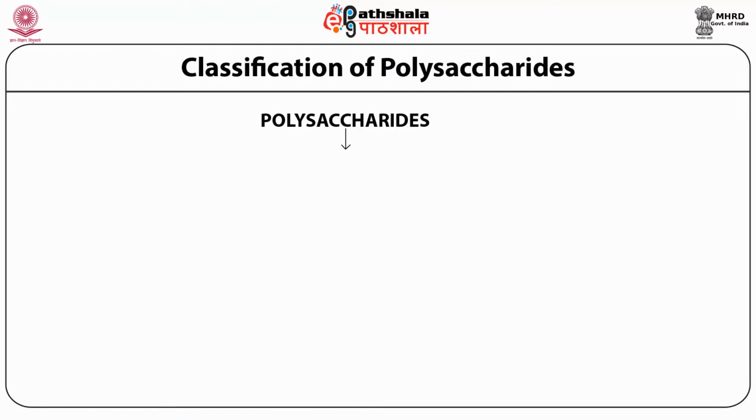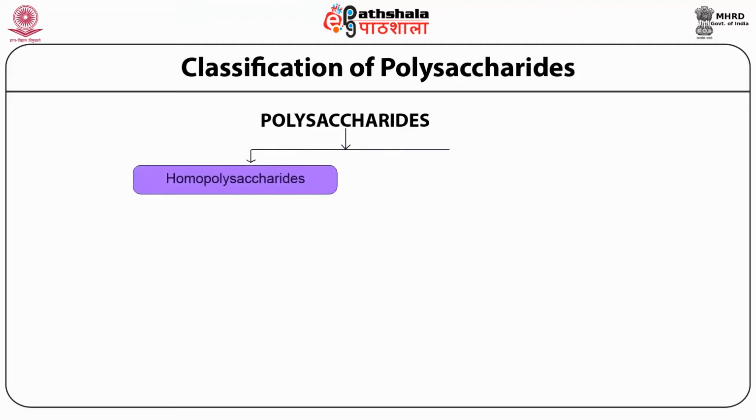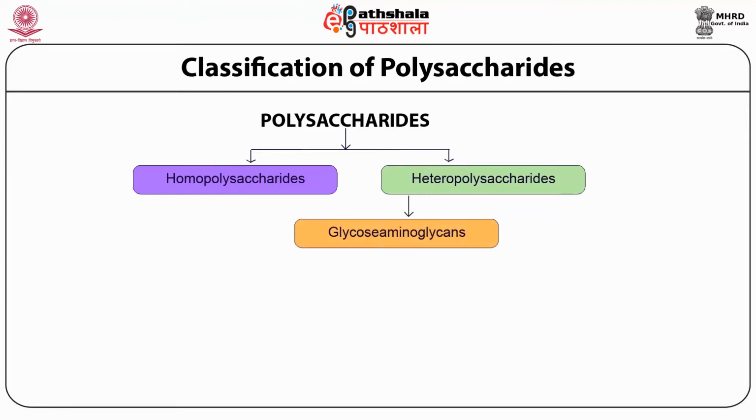Well, polysaccharides are basically classified into two major groups: homopolysaccharides and heteropolysaccharides. In homopolysaccharides, a single kind of monosaccharide is present, linked with each other by O-glycosidic bonds.